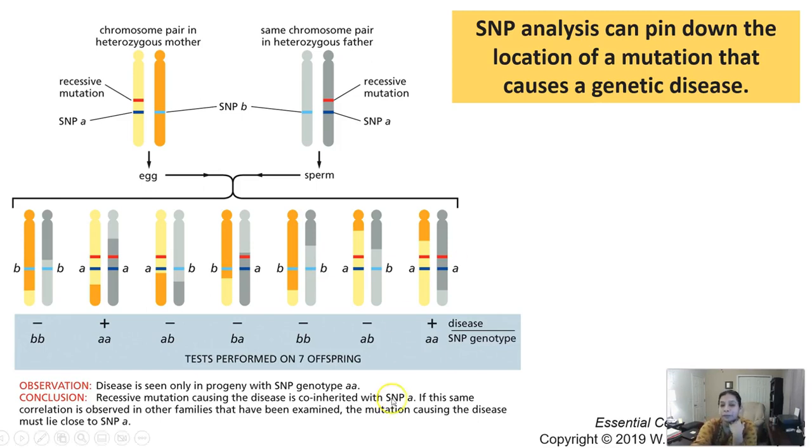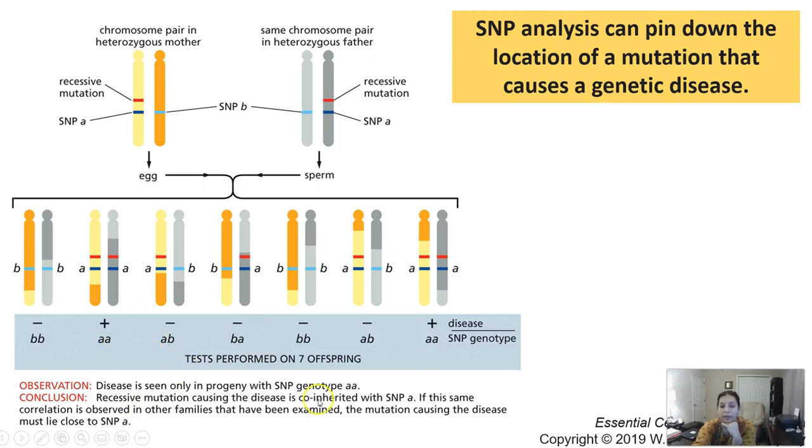And so we can then look close to that SNP location and look for possible genes in that area and see if one of them is the cause of the disease of interest.